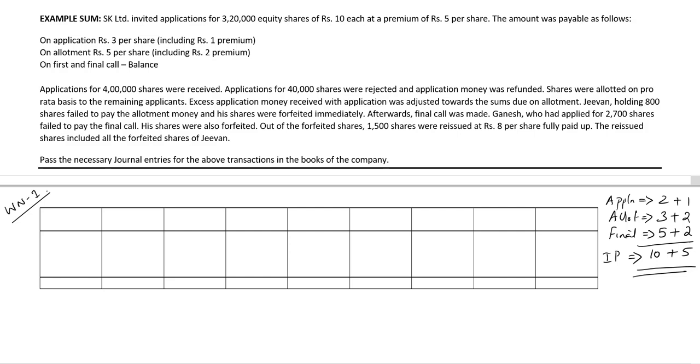We'll go on to the 9-column table. The first column, category. Second column, number of shares applied. Third column, number of shares allotted. Fourth column, application money received.